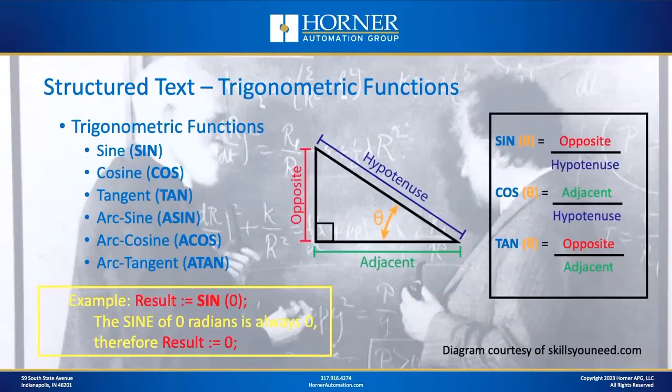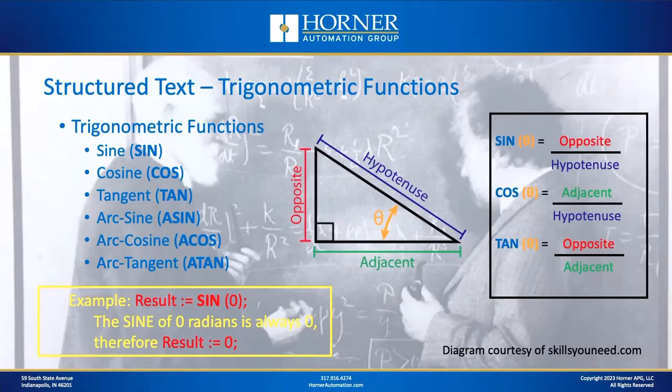Okay, now let's dive into some of the lesser used but highly useful functions. We're going to start with trigonometric functions. Trigonometric functions are named because they're really all about triangles, the TRI in trigonometric and the TRI in triangles. Of course, the ones we're going to use most often are going to be sine, cosine, and tangent.